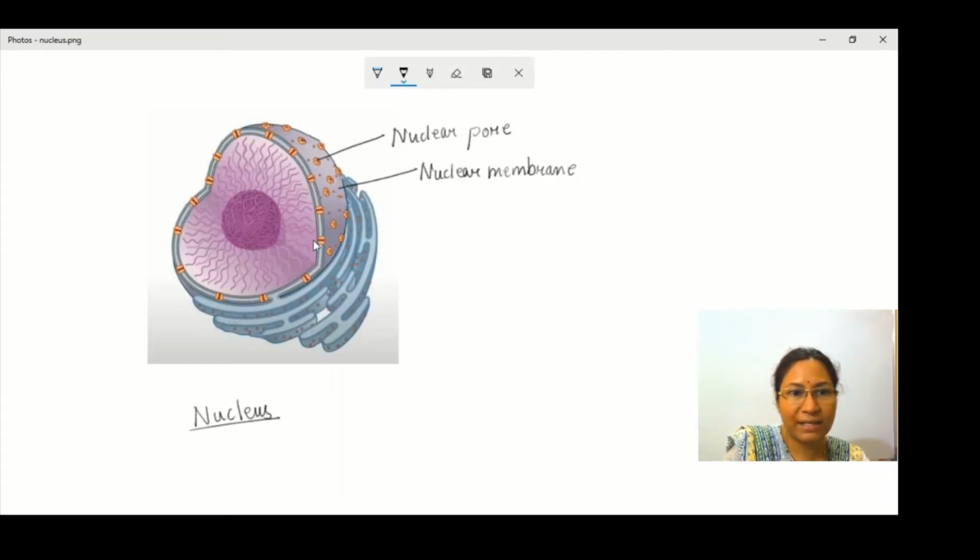Inside, we will find that it is filled with nucleoplasm. There is a fluid inside. That fluid is called nucleoplasm. Now we will also find a round dense structure which is called a nucleolus.